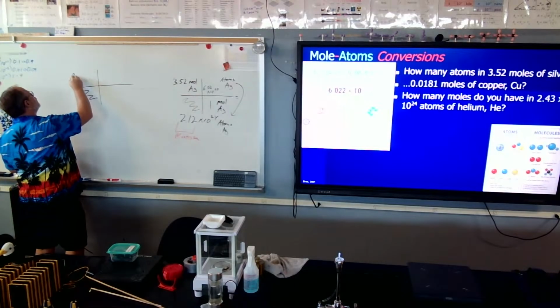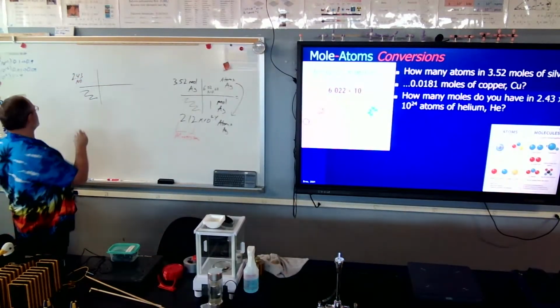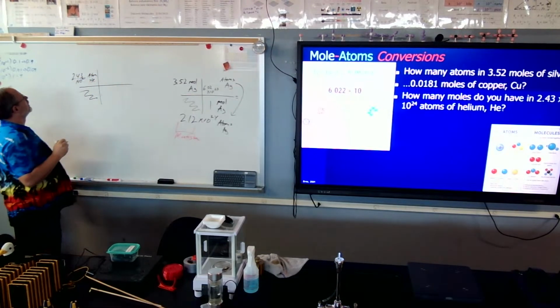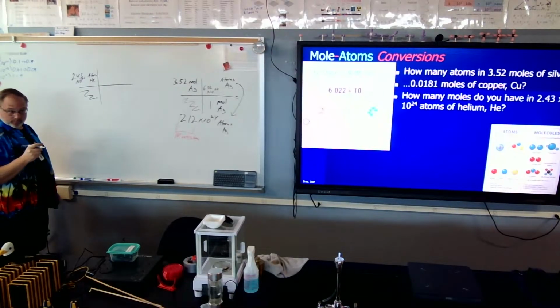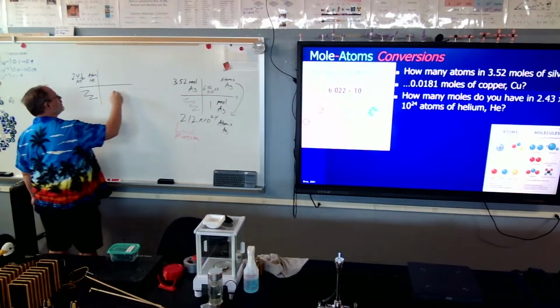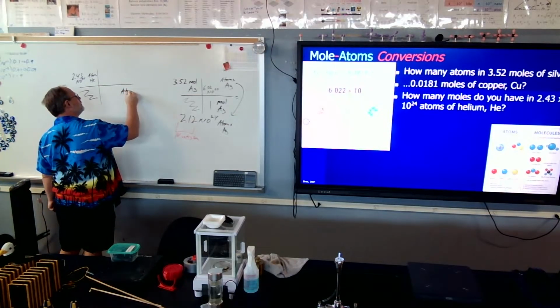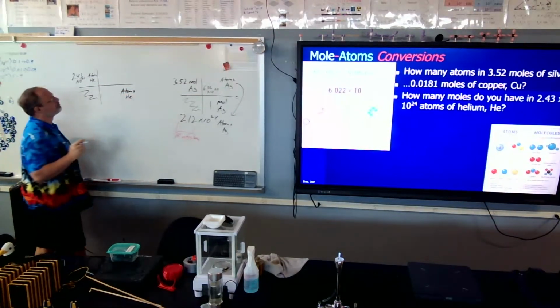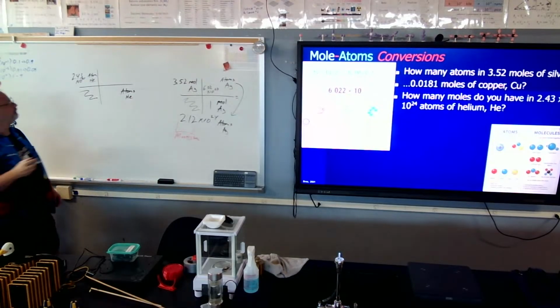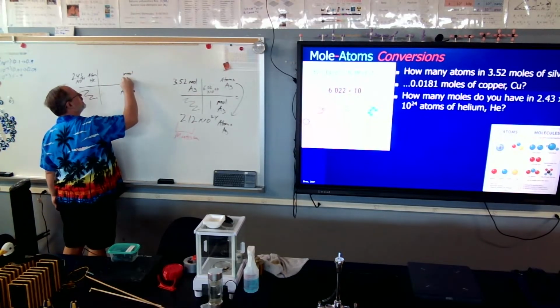So 2.43 times 10 to the 24th atoms helium. And again, as always, this unit label is going to come down so we can cancel it out. So this is coming down, atoms of helium. To what am I converting my atoms of helium? Moles. Mole helium.